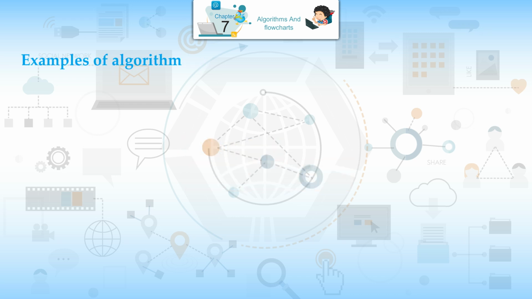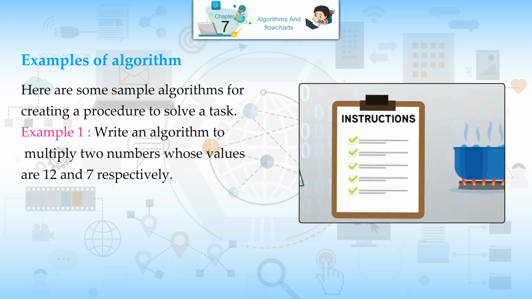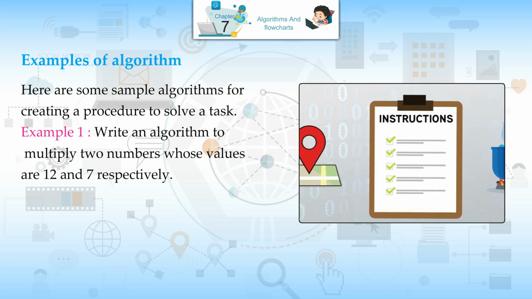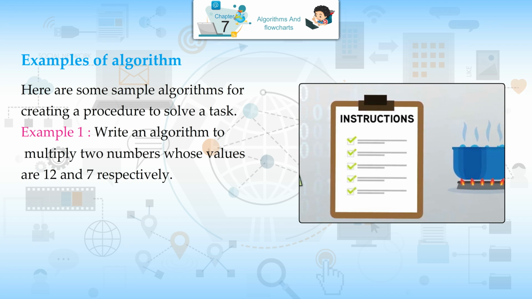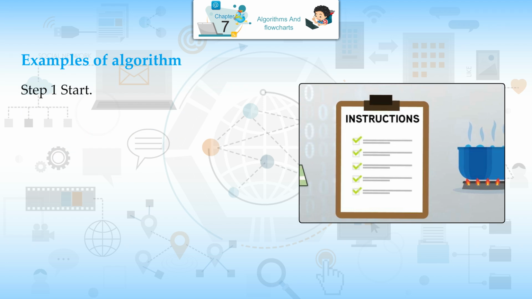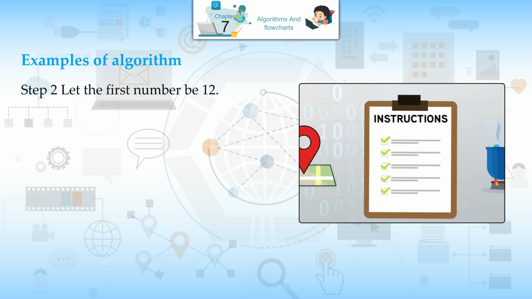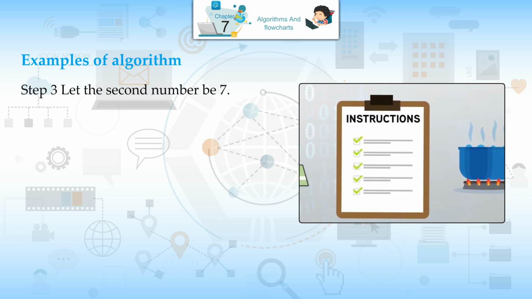Examples of algorithm. Here are some sample algorithms for creating a procedure to solve a task. Example 1. Write an algorithm to multiply two numbers whose values are 12 and 7 respectively. Step 1. Start. Step 2. Let the first number be 12. Step 3. Let the second number be 7.